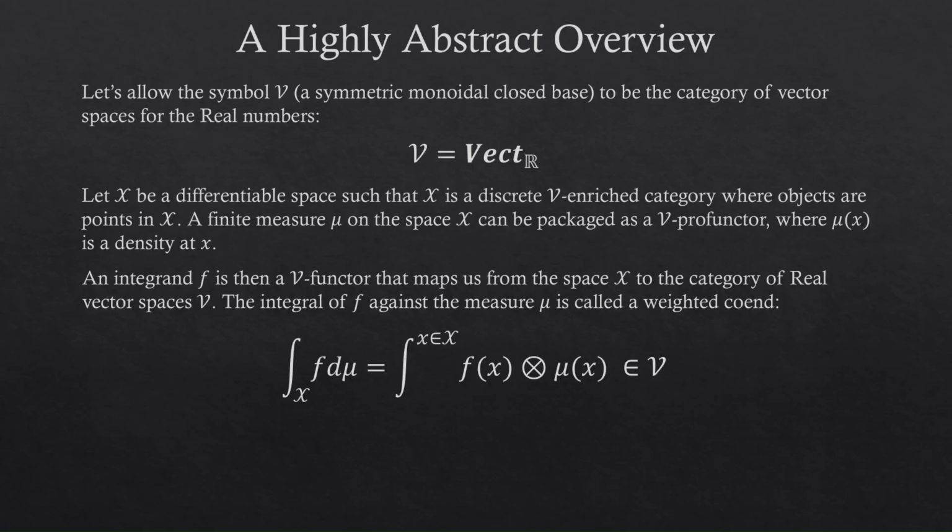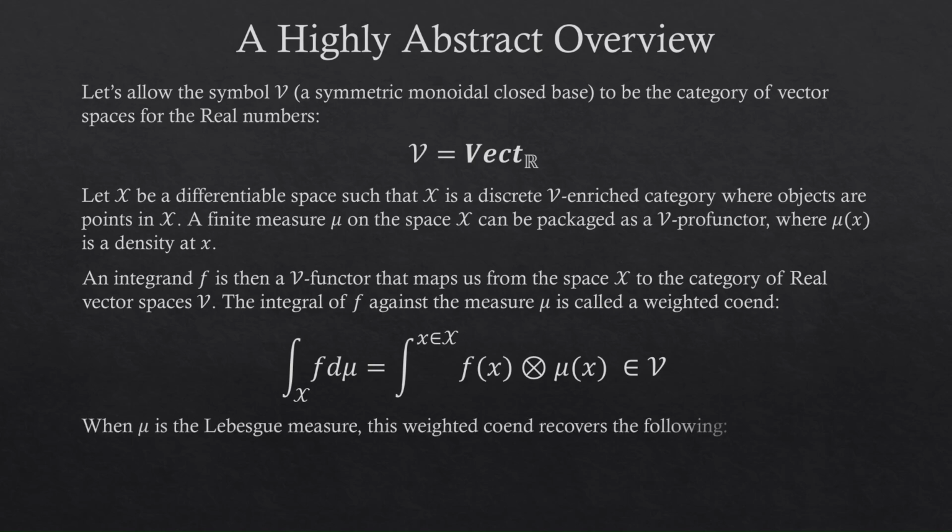That is very important to keep in mind, because if they don't land in the same category of vector spaces in this case, we don't have a proper coend formula. And so when mu is the Lebesgue measure, this weighted coend recovers the standard definite integral in terms of f of x dx.